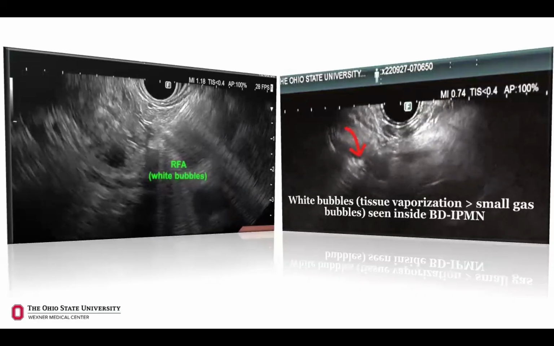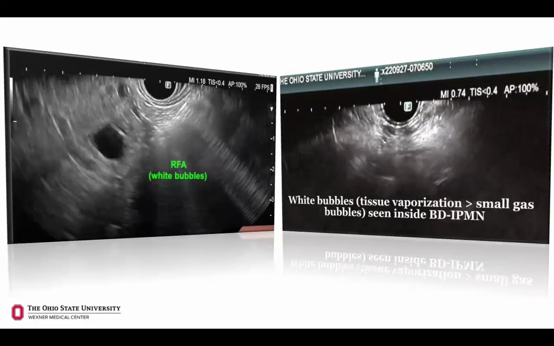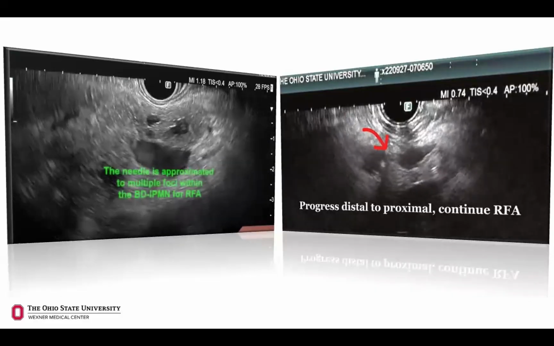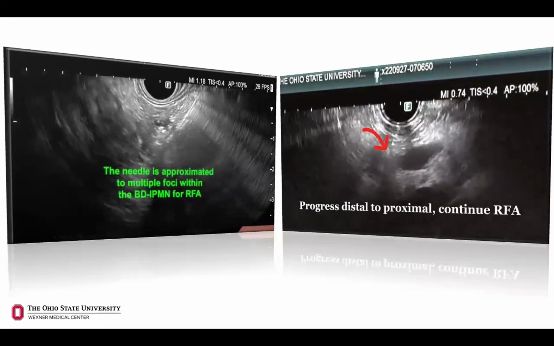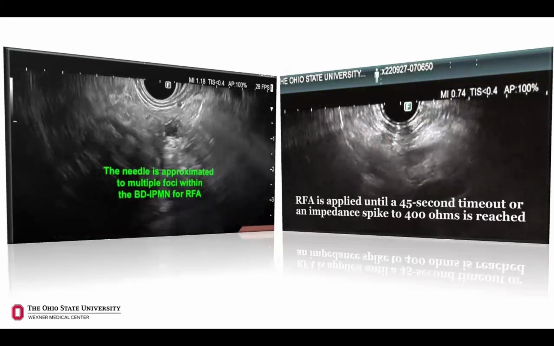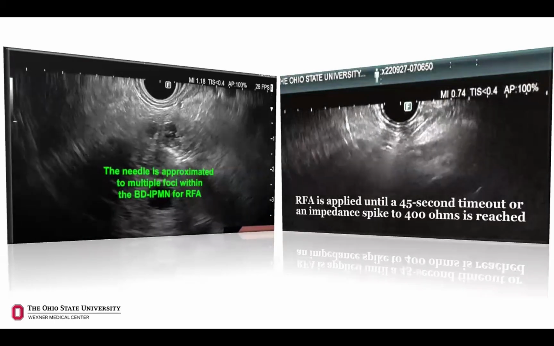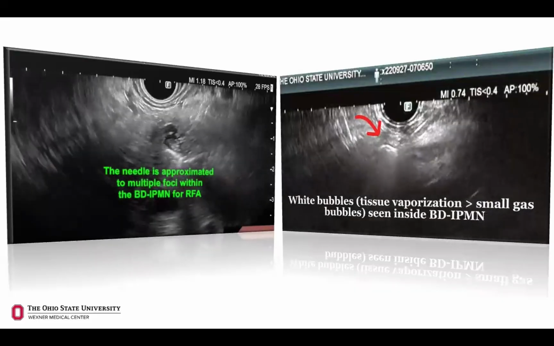Once you start doing RFA, you will see these white bubbles, which is basically tissue vaporization, small gas bubbles. The white bubbles do not mean much. That's not the reason to stop RFA. You're still going by whether it reaches 400 ohms or whether you time out at 45 seconds. Generally, if you have more fluid, it's going to go all the way to 45 seconds. If you have less fluid, you're going to get an impedance spike.